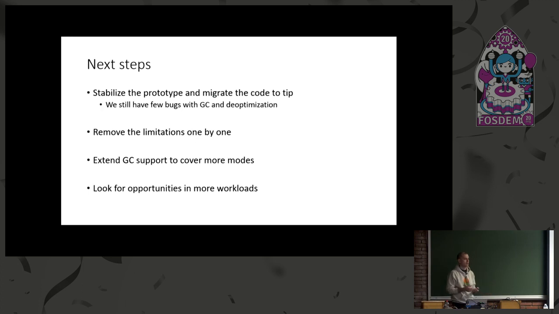Right now, we only support G1 and ParallelGC with our heap with a mark extension to walk stack allocated objects. So we need to extend and see how it works in other GC modes like Shenandoah and ZGC, and finally look for more opportunities in other real-world applications.